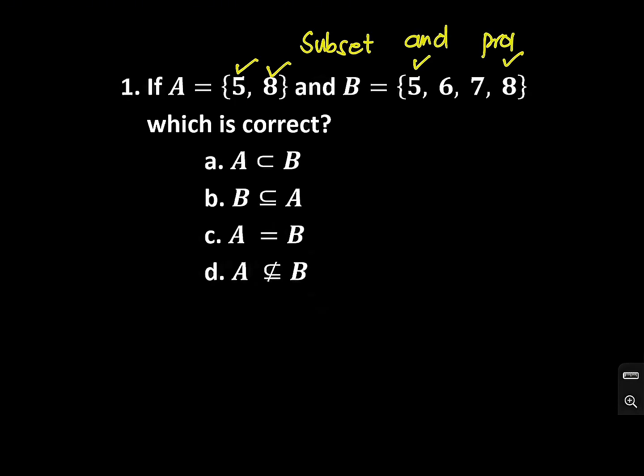If we're going to rationalize all the choices given, because we're looking for the choice which is correct. If we go down to letter B, B is a subset of A, then it is false, because by looking at the given, B contains more elements than A.